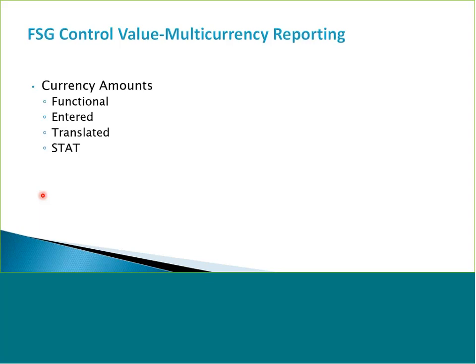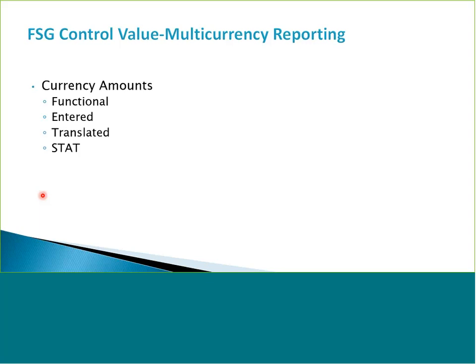So we really don't need to learn anything about entering functional currency amounts using the control value, because we don't need it, and whatever we have been doing, those have been functional amounts.